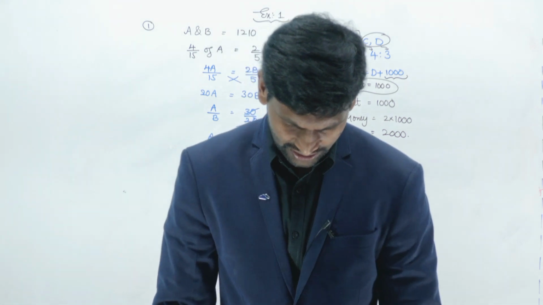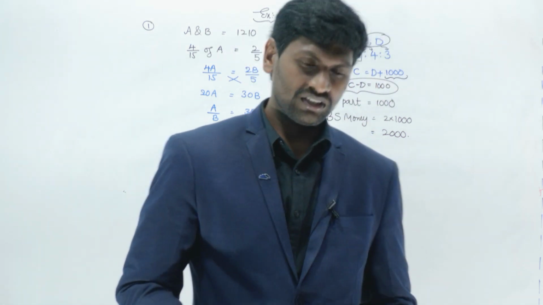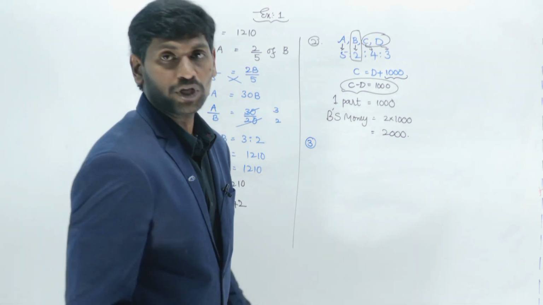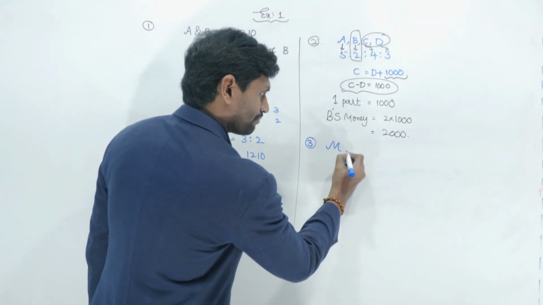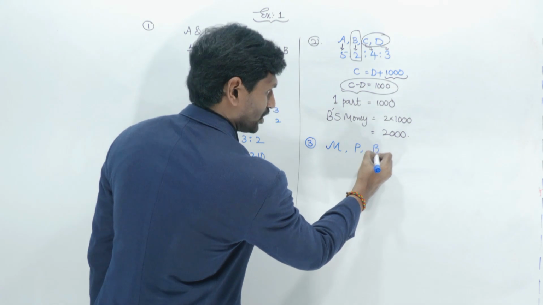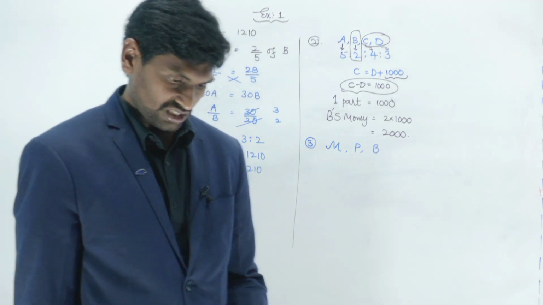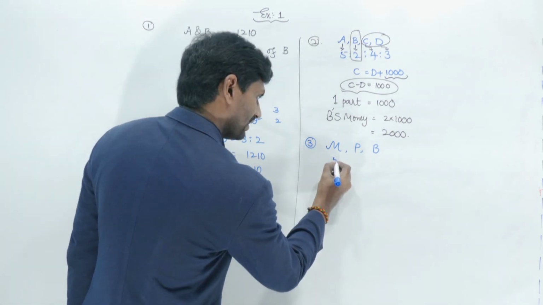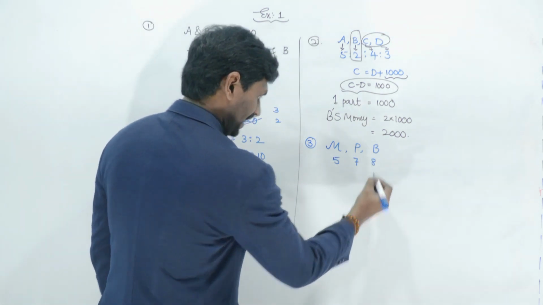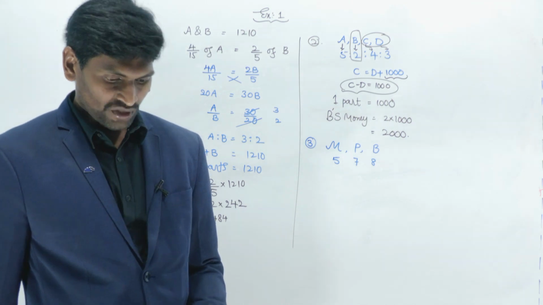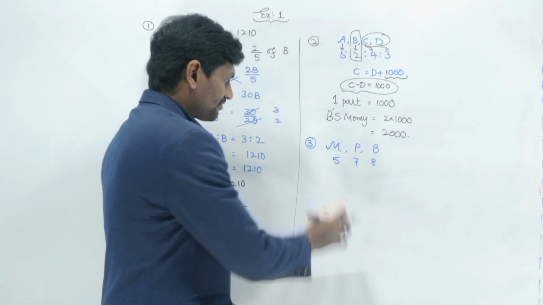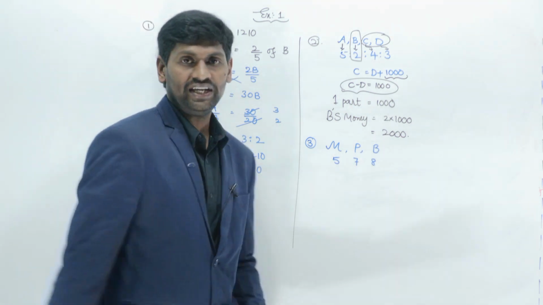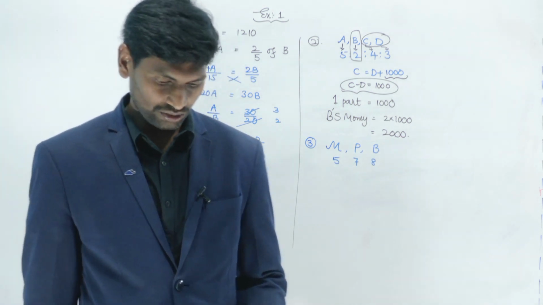The third question is given: seats for mathematics, physics and biology, I am just using the letters M, P, B. In a school they are in the ratio 5:7:8 respectively, that is maths 5 parts, physics 7, biology 8.